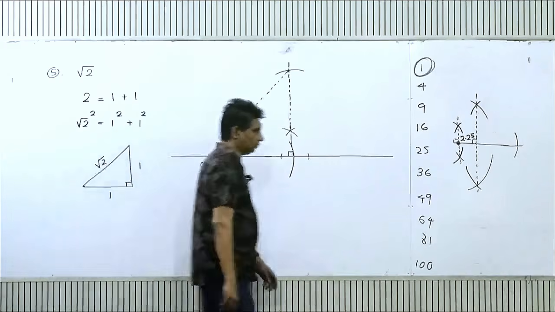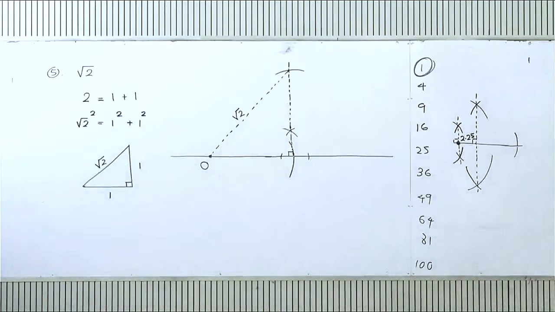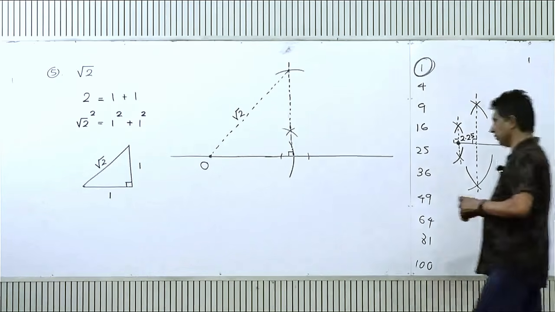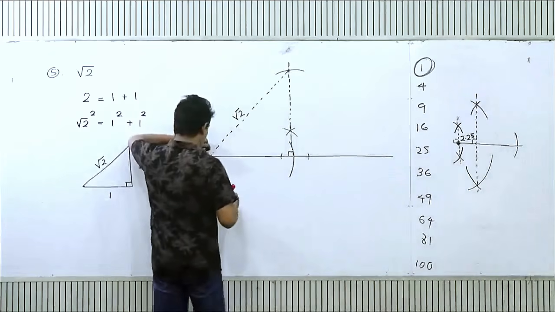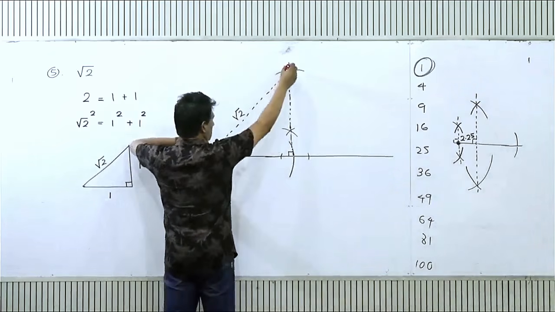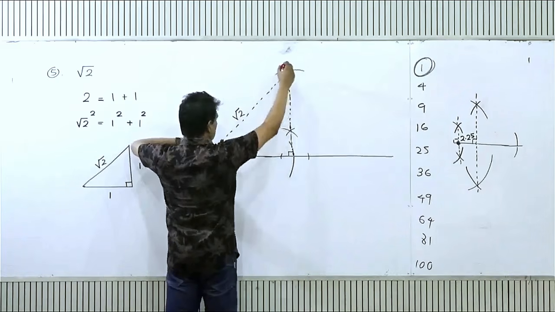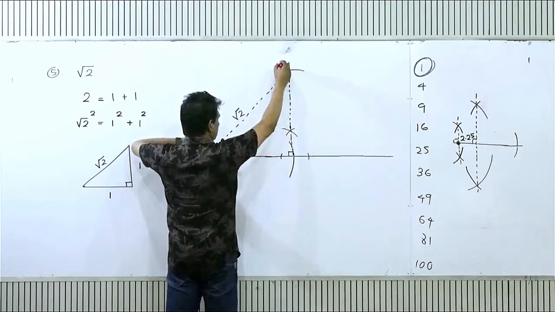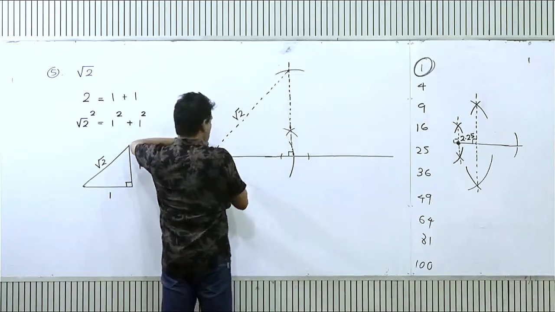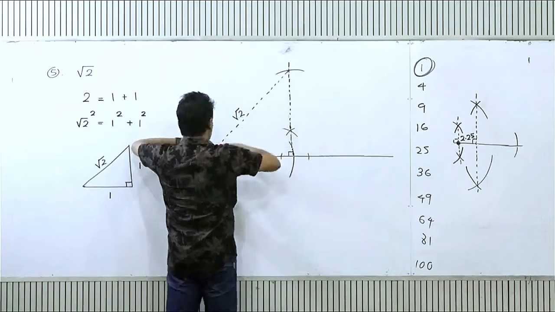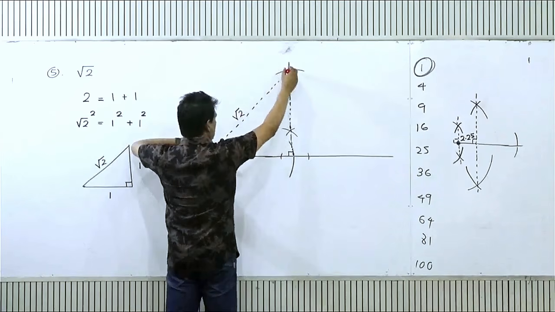Now what we have to do? Again we have to take the compass. Now we have to put the end of the compass here and take the pencil tip here. That means we take this distance root 2 on the compass. Now with this point as center, we have to use this distance as radius.